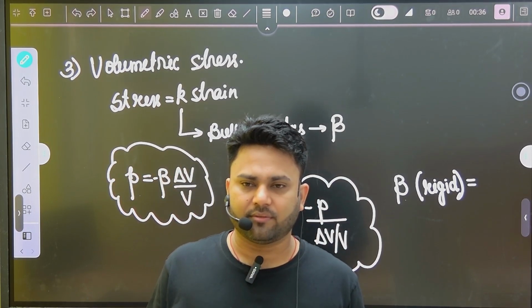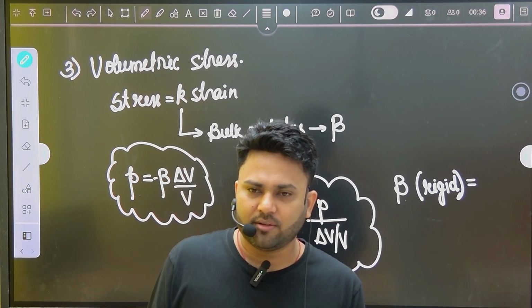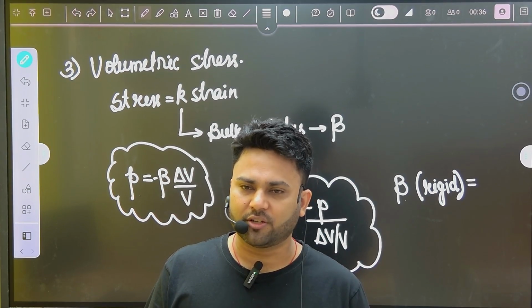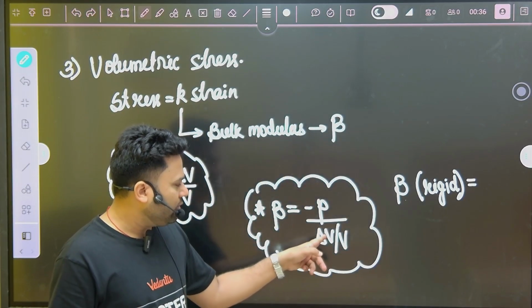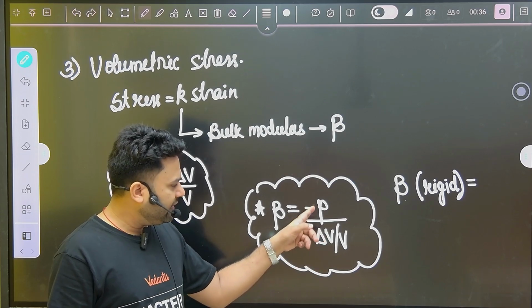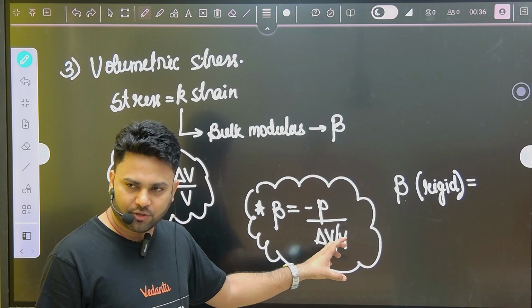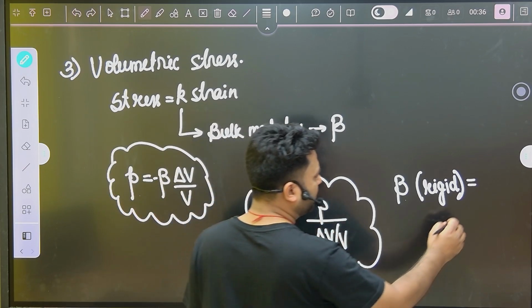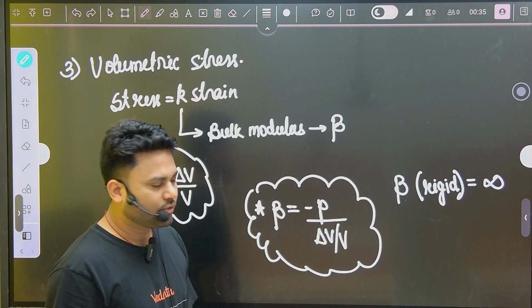Means if you apply pressure, it will not change; its volume will not change. So delta V will be 0. And if delta V is 0 in the denominator, anything divided by 0 is infinity. So bulk modulus is infinity for rigid objects. This also you remember.